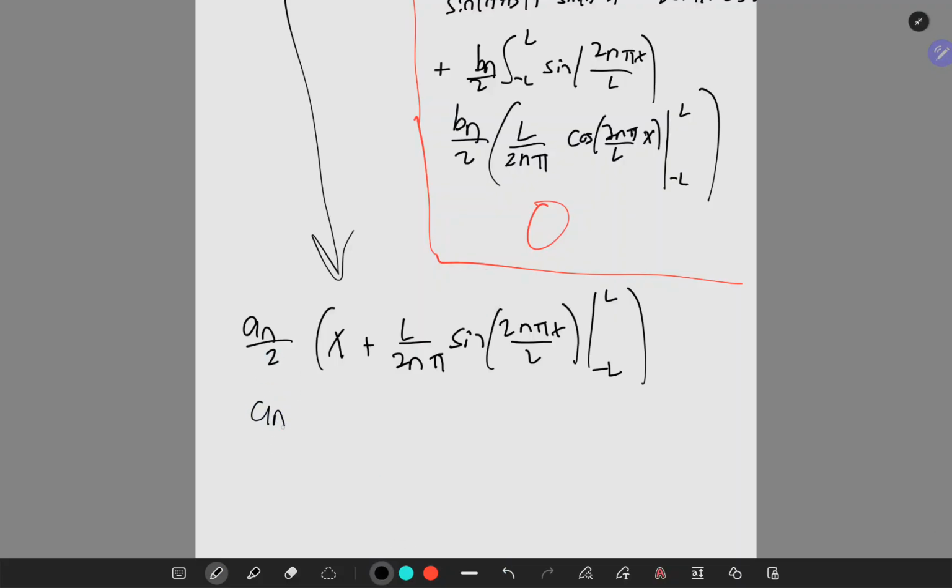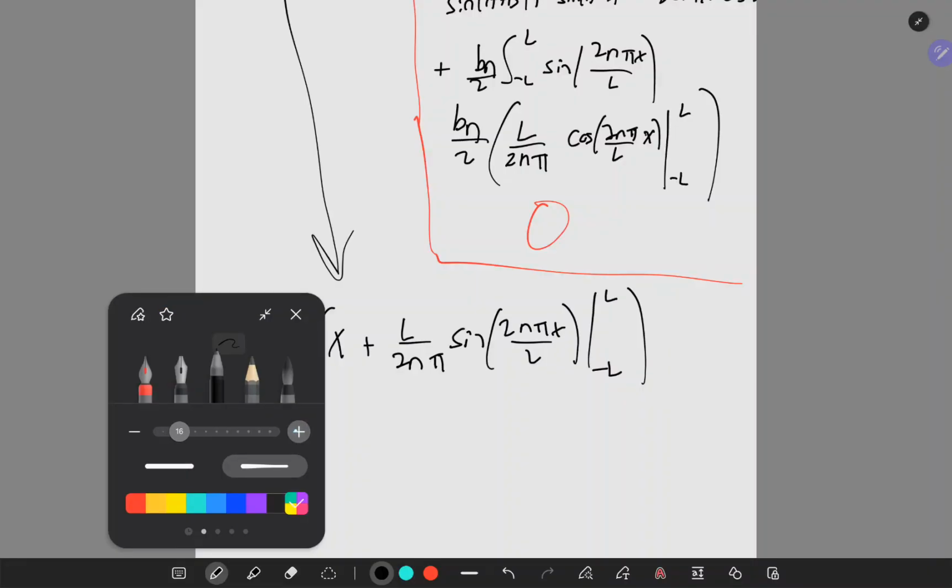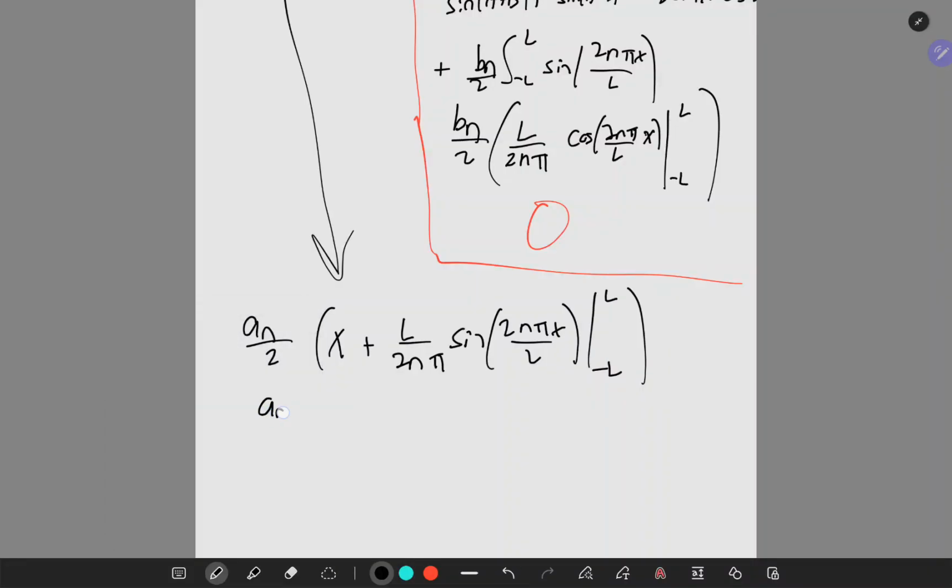So now we have a sub n over 2 times L plus L over 2n pi sine of 2n pi L over L, which is just that, minus, so plus L. Let me do this.